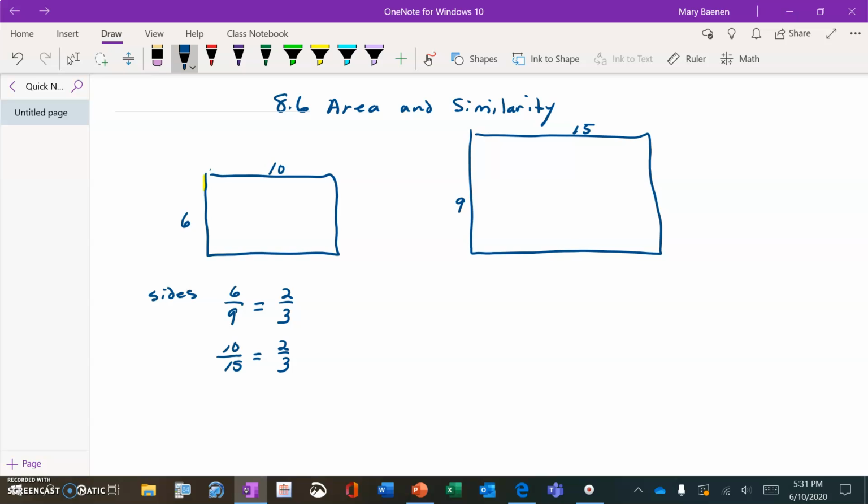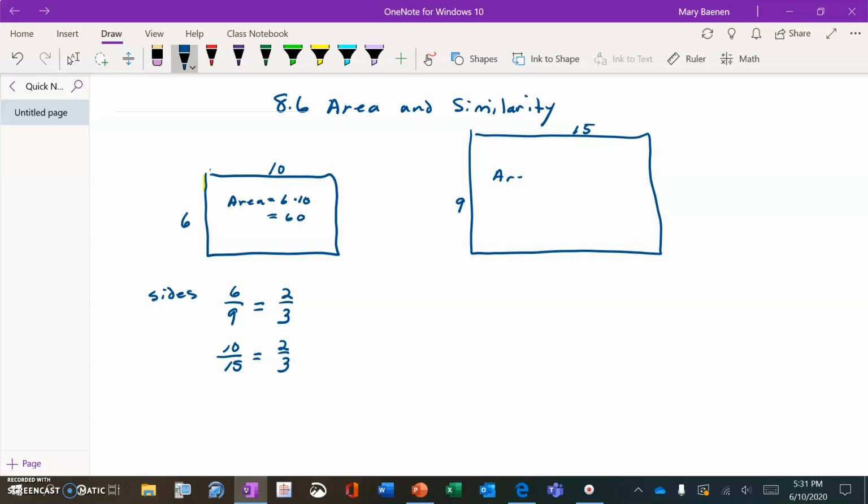So that means that the two rectangles, since they have all their angles equal and their corresponding sides are in the same ratios, are definitely similar. Now, just for fun, I'm going to look at the areas. The area of this one is 6 times 10, which is 60 square units.